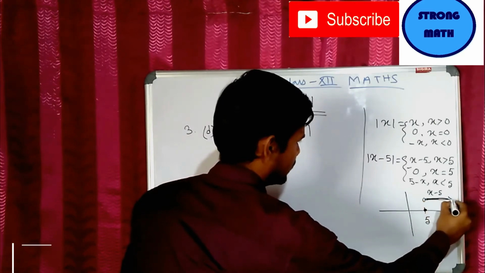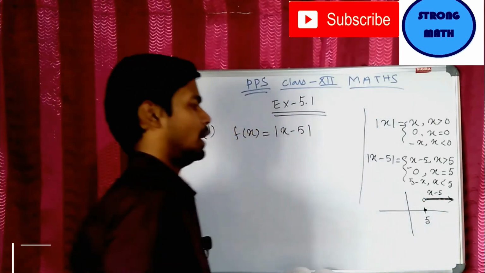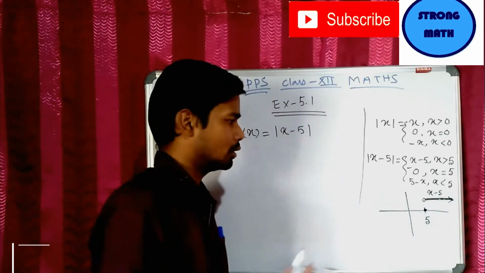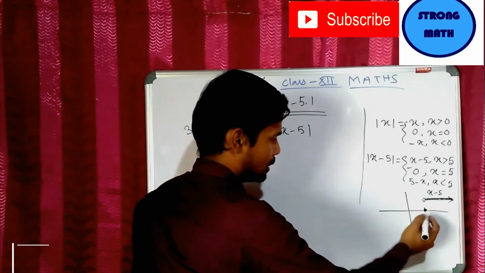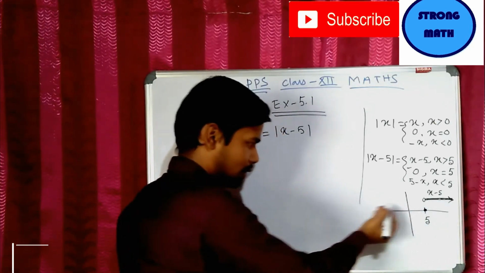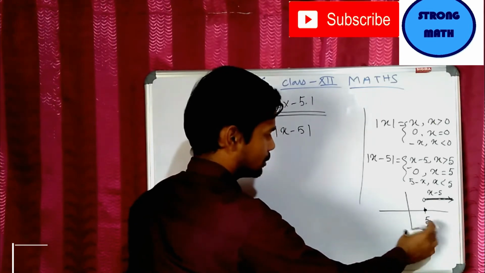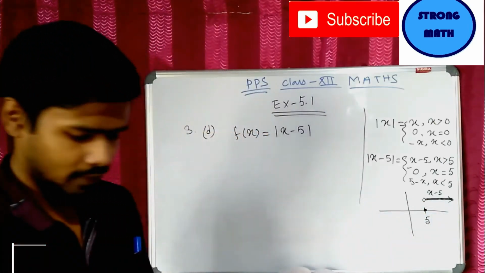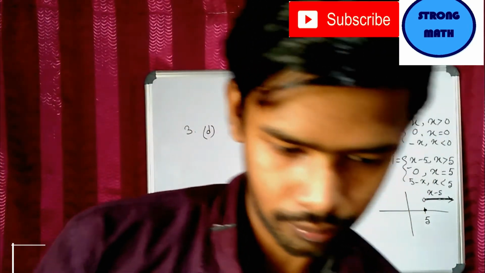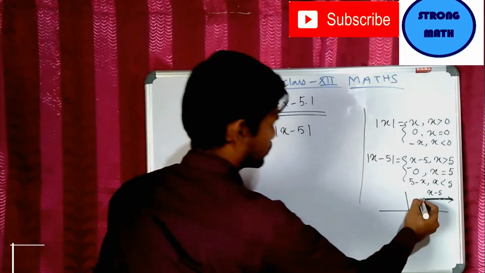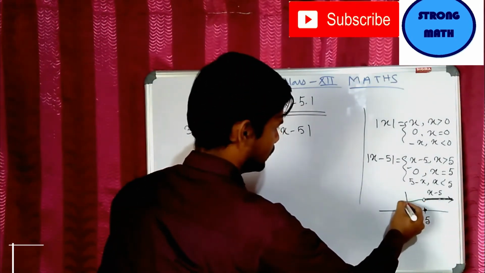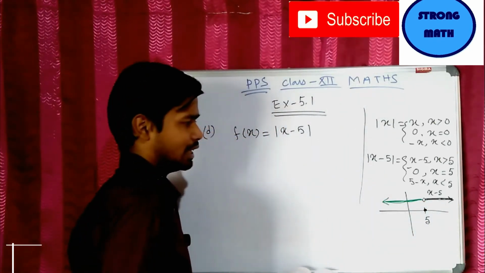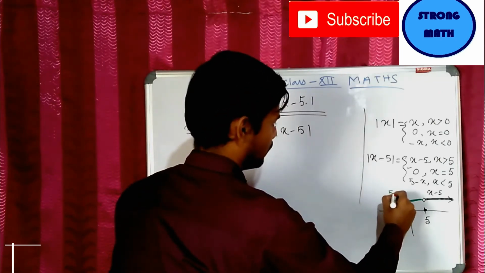Suppose all the points greater than 5 give the same function value, x minus 5. If the points are less than 5, that is left hand side of 5, then if the numbers x are less than 5, the values will be 5 minus x.